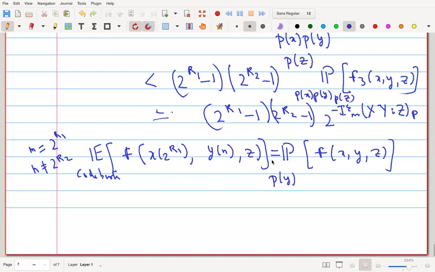And what is everything else? There is this X 2 to the R1 and Z. Now, of course, Z was correlated to X 2 to the R1, Y 2 to the R2. In particular, Z is correlated.